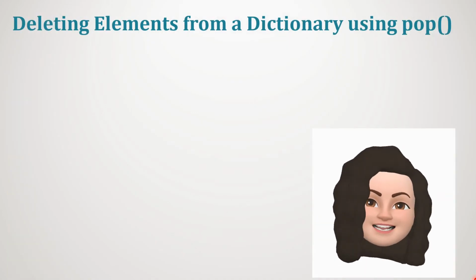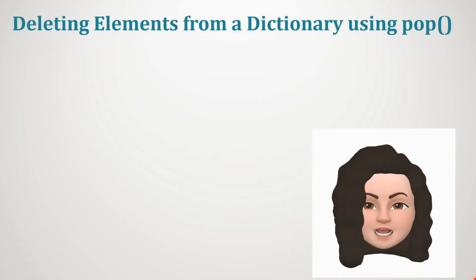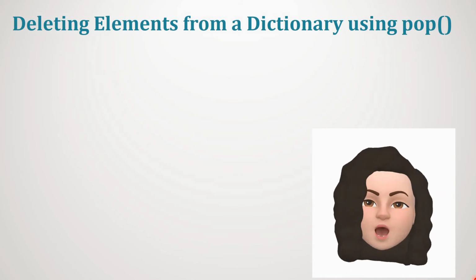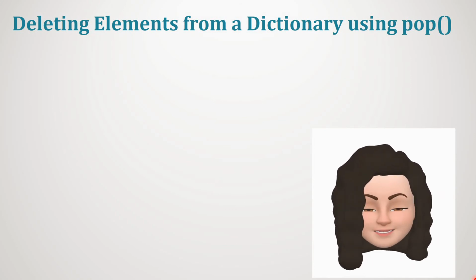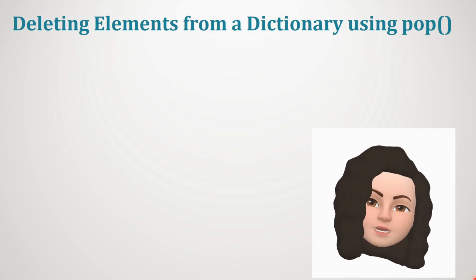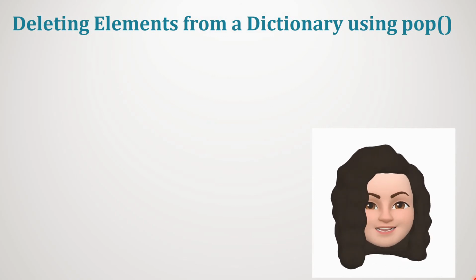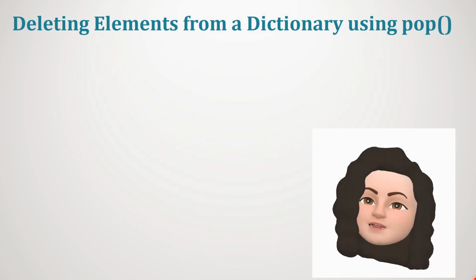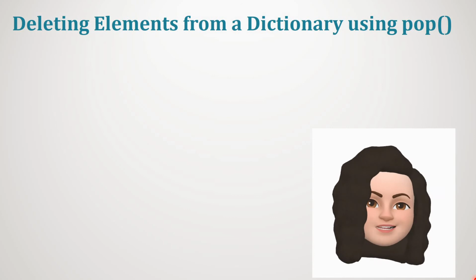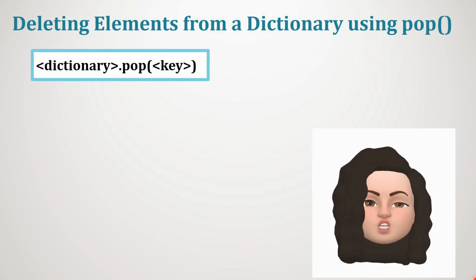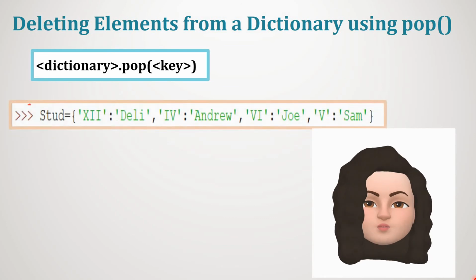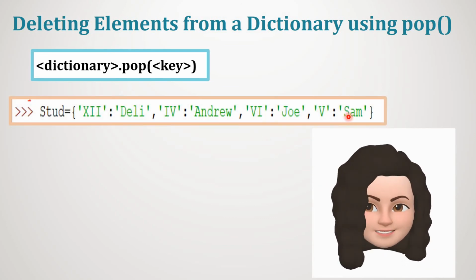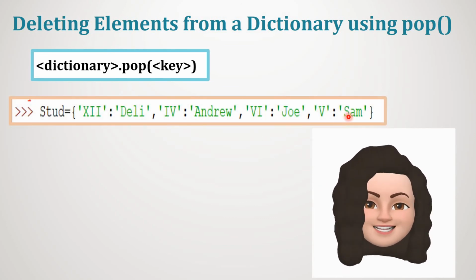We can delete a key value pair from the dictionary using the pop method also. What is the difference between del and pop? Pop will return the value which is deleted, but del will not return the value. Look at the example. STUD is 12 Delhi, 4 Andrew, 6 Joe and 5 Sam. Now I want to delete the key value pair 12 colon Delhi.